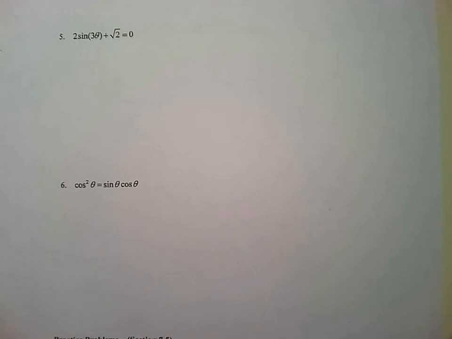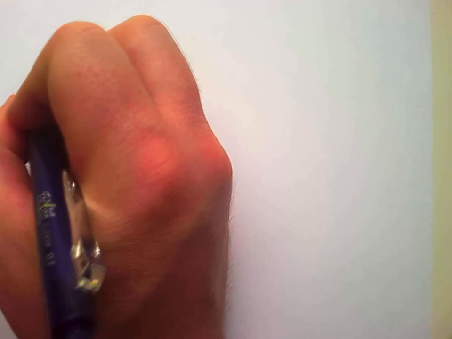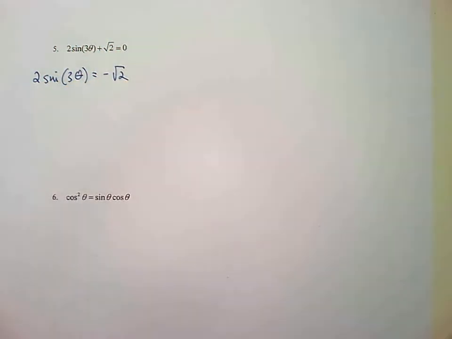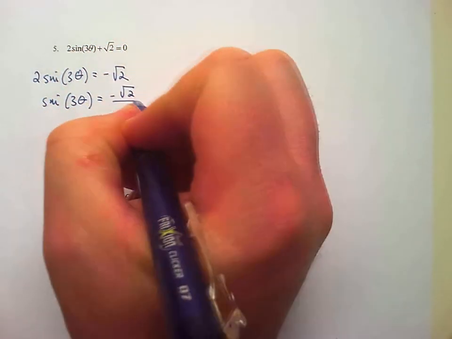For number 5, we have 2 sine of 3 times theta plus the square root of 2 is equal to 0. So first off, just like we were doing before, we can say that 2 sine of 3 theta is equal to negative square root of 2. Then we can say that sine of 3 theta is equal to negative square root of 2 over 2.